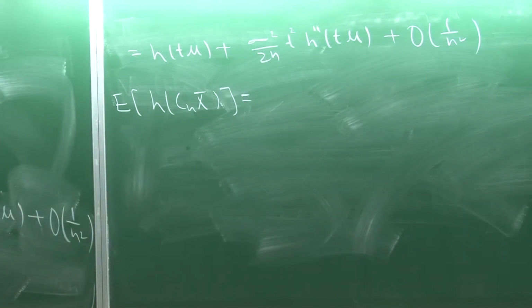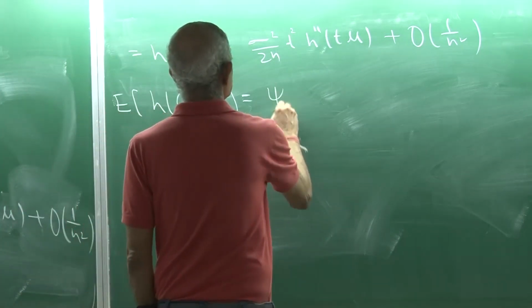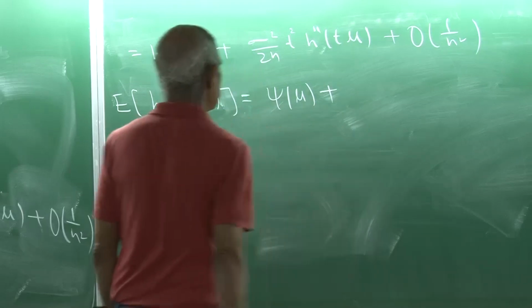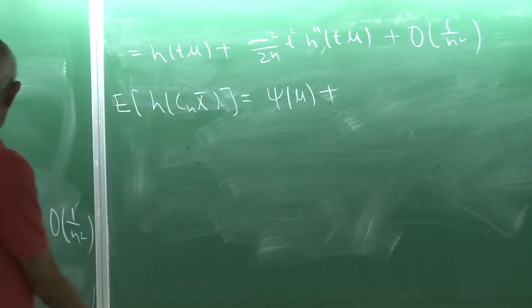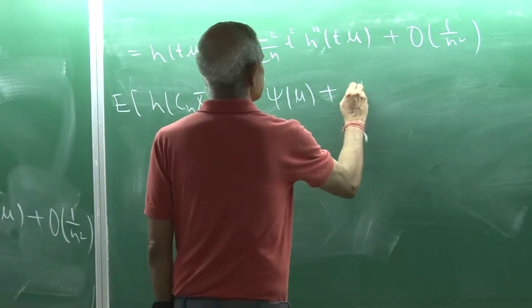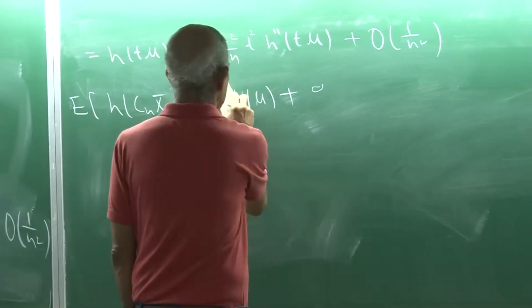So I put t equal to Cn: h of Cn x bar is the same as psi of mu plus sigma square by 2n. Sorry, psi of mu I also write down.